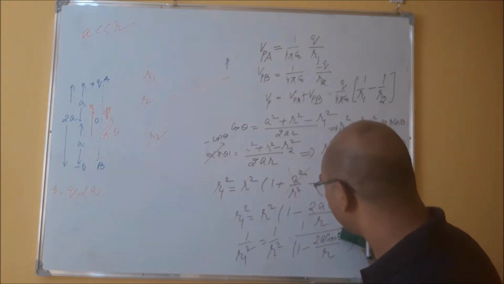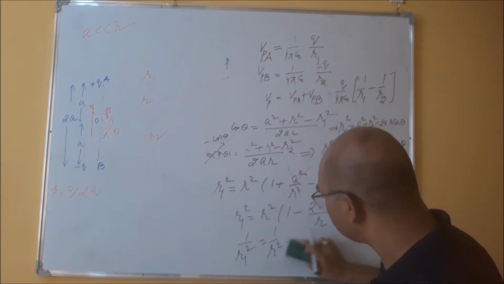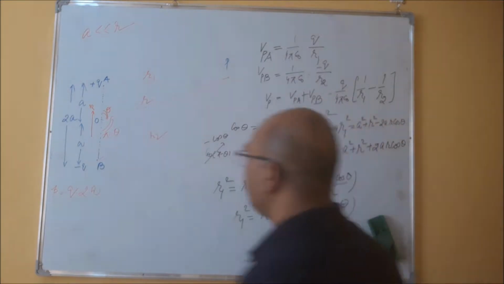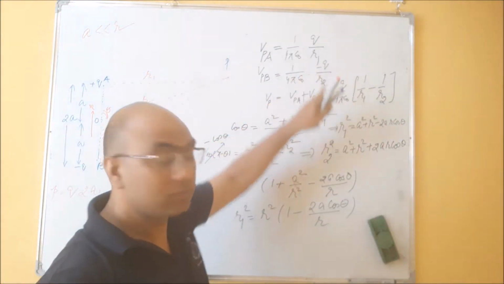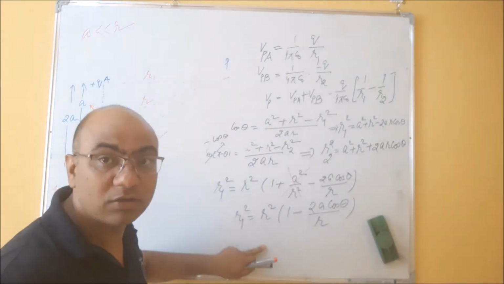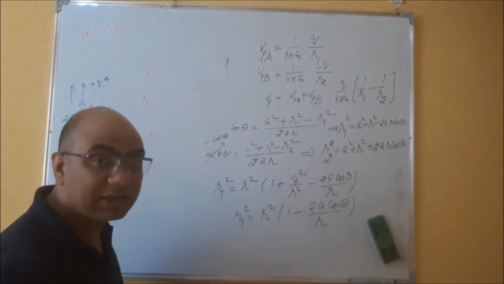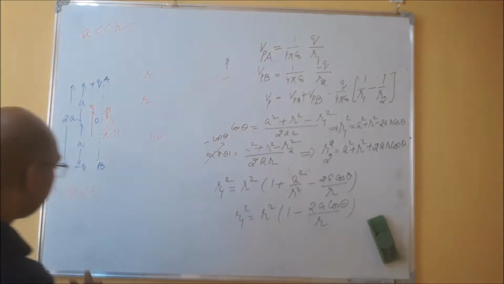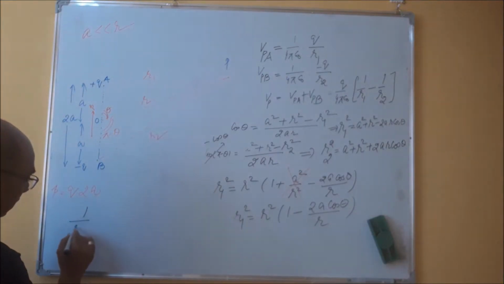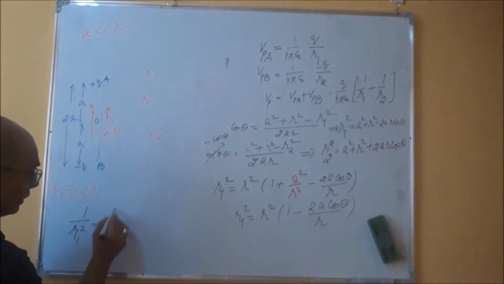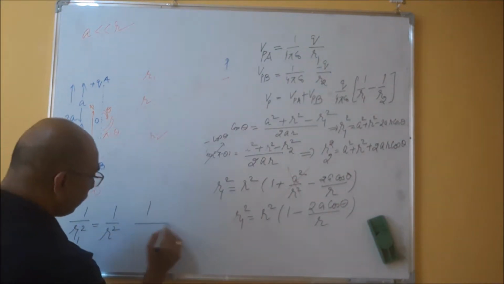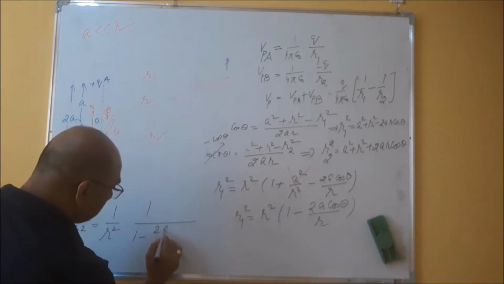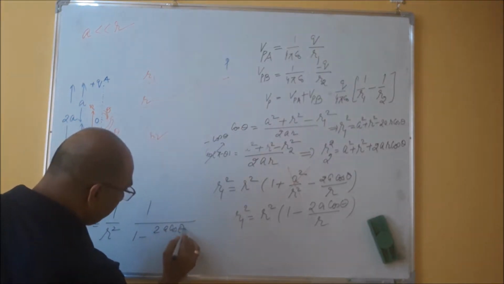Okay, I am writing it here for your convenience. Finally I want 1 upon R1, and this is R1 square. So if I divide 1 by the whole expression, I can write 1 upon R1 square is 1 upon R square into 1 upon 1 minus 2A cos theta upon R.